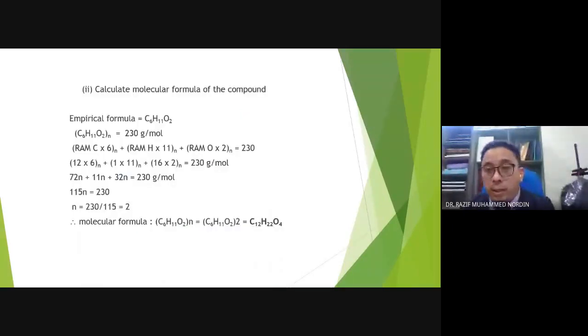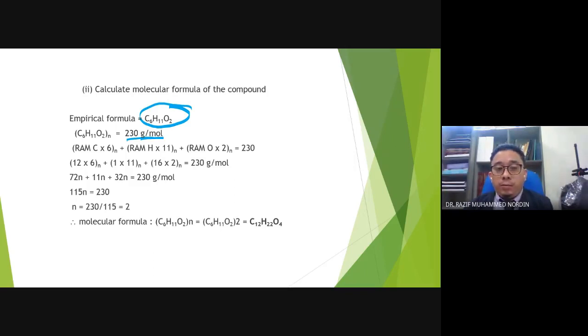And then to calculate the molecular formula of the compound, we already know the empirical formula. This 230 is the molecular formula mass: 230 gram per mole is the molecular mass of the compound.